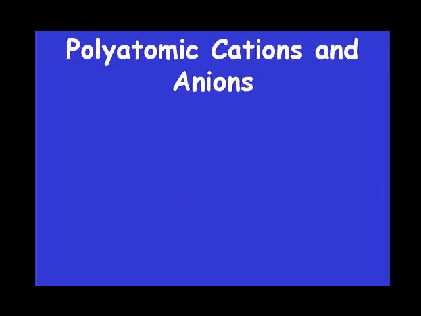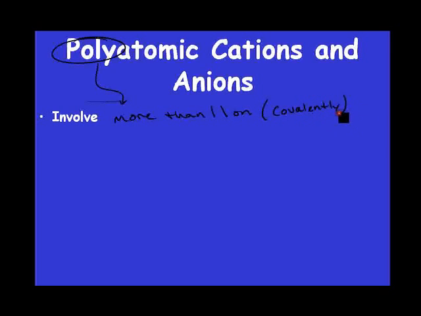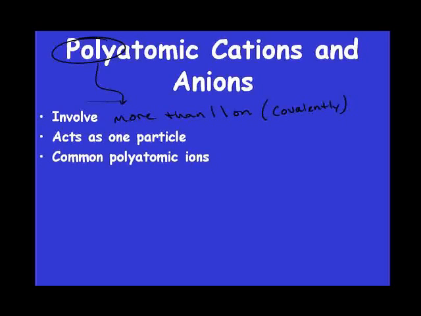Now, polyatomic cations and anions. Okay. Poly means many. So this involves more than one ion. They're bonded covalently and act as a single substance. So it acts as one particle.